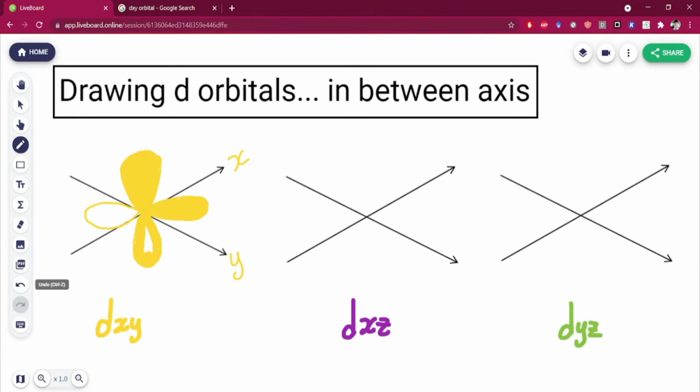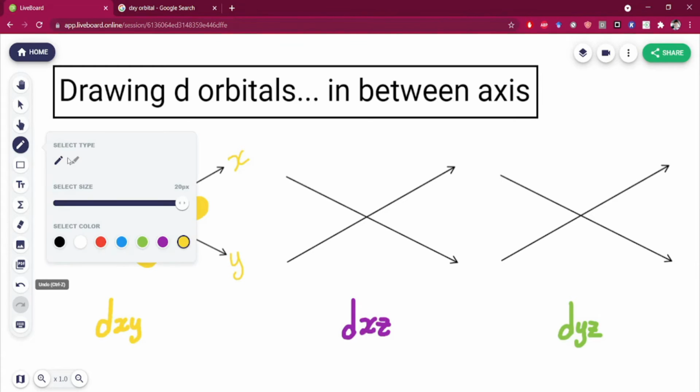We're going to put the z axis later. I'm going to try to do that now.